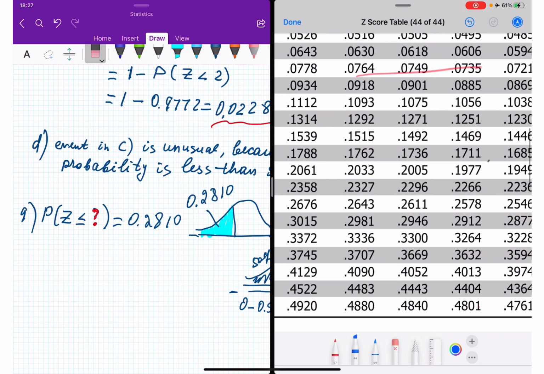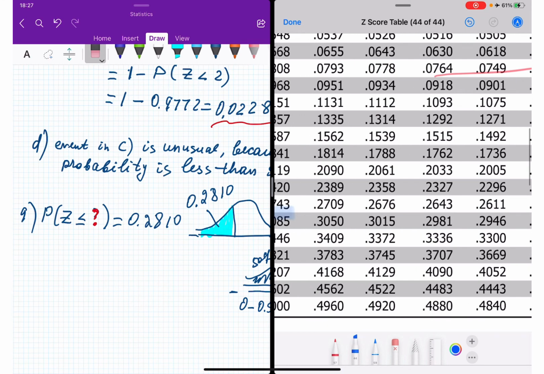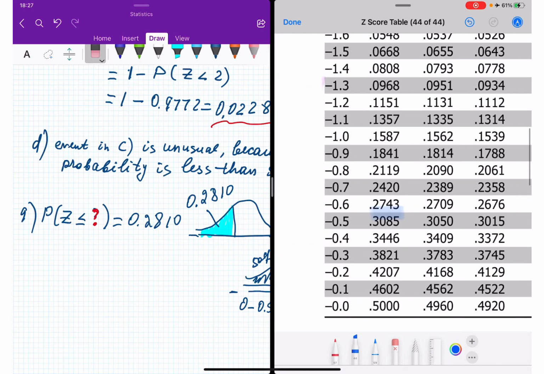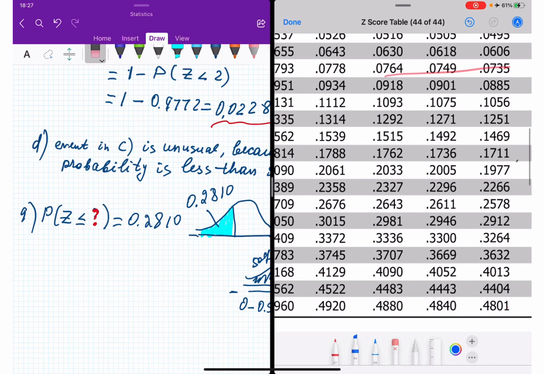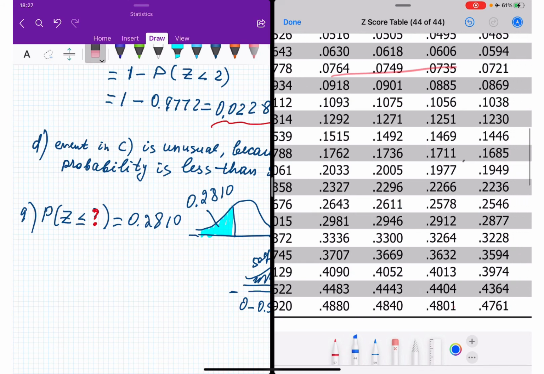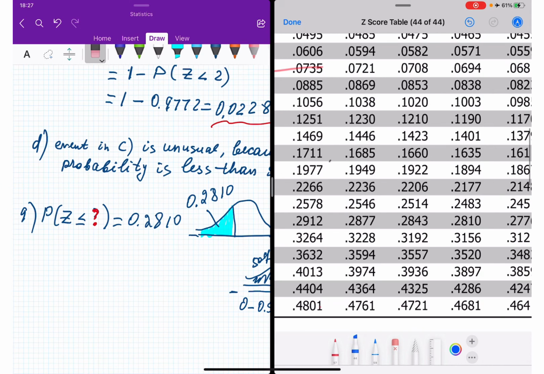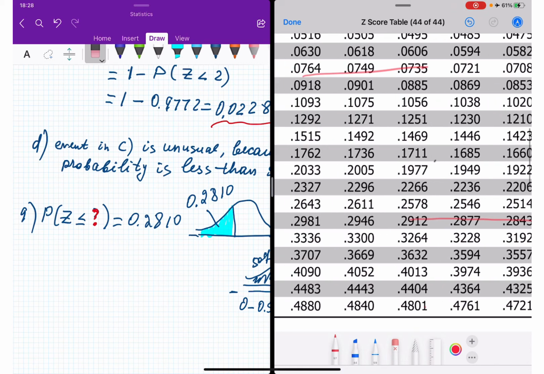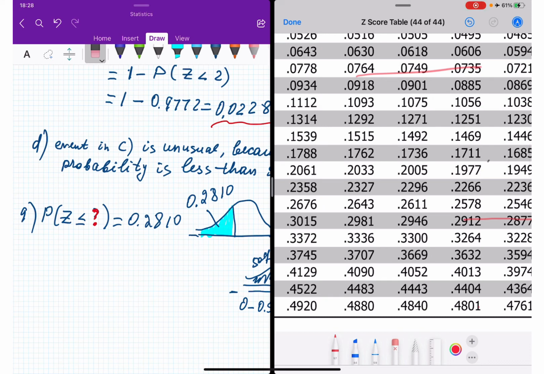Let's go find 2.6, 2.5, here. 8, here it is. 0.2810. Let's see which z-score it's coming from.